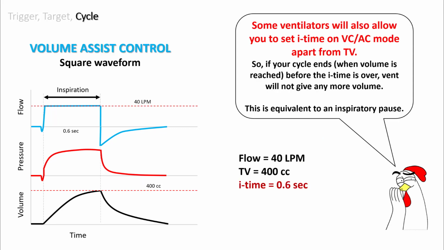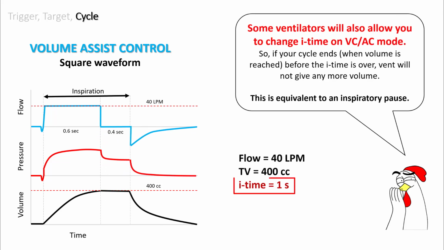Some ventilators will also allow you to set inspiratory time on volume assist control mode apart from tidal volume. So if your cycle ends before the I time is over, the ventilator will not give you any more volume. So for example, if you put your I time as 1 second in the same scenario, you know that your 400 cc's would be given in 0.6 seconds if your flow is 40 liters per minute.